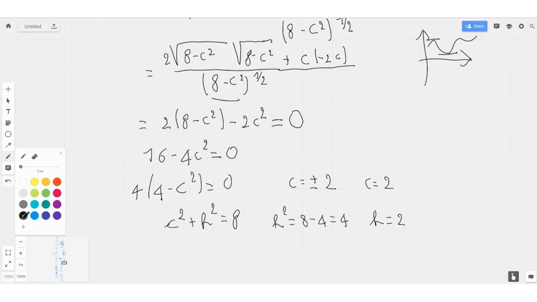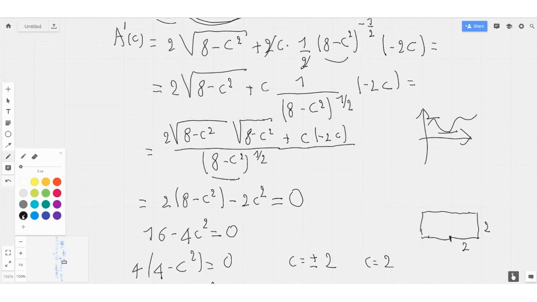Alright, so that means that the rectangle with the largest area is the rectangle which has base 2 plus 2, which is 4, and the height, which is also 2. So this will be the rectangle with maximum area.